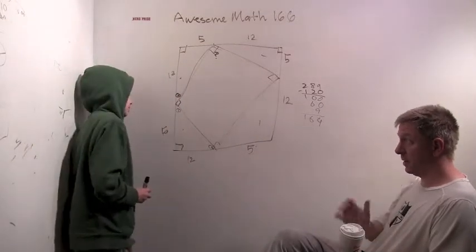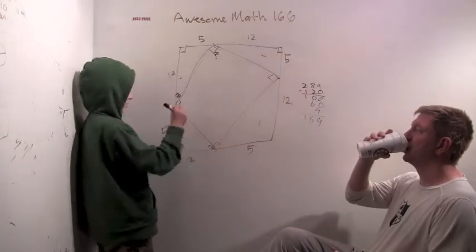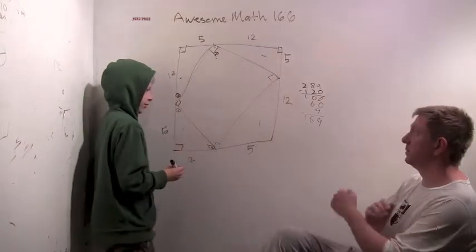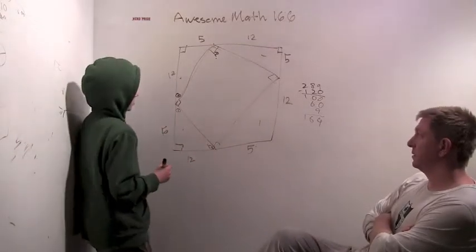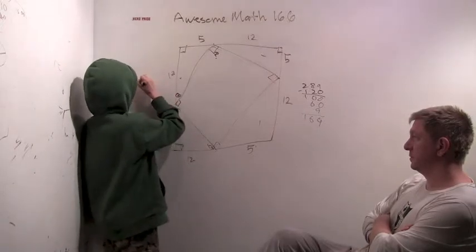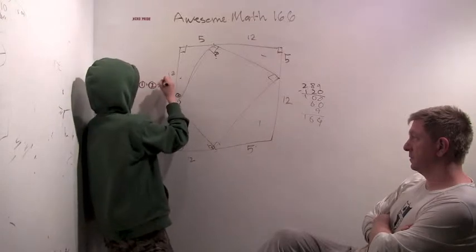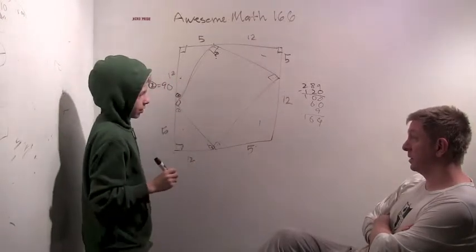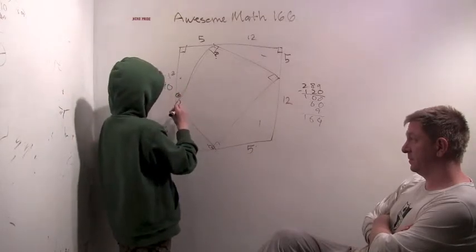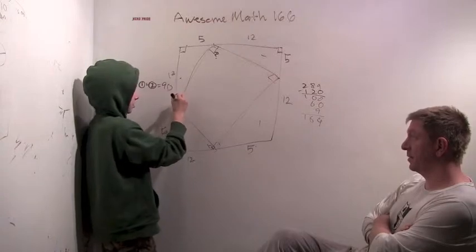So the angles in a triangle add up to 180, so angle 1 plus angle 2 plus a 90-degree angle is 180. That means angle 1 plus angle 2 is 90 degrees. And so these add up to 90, and this whole thing is 180, so this must be 90.